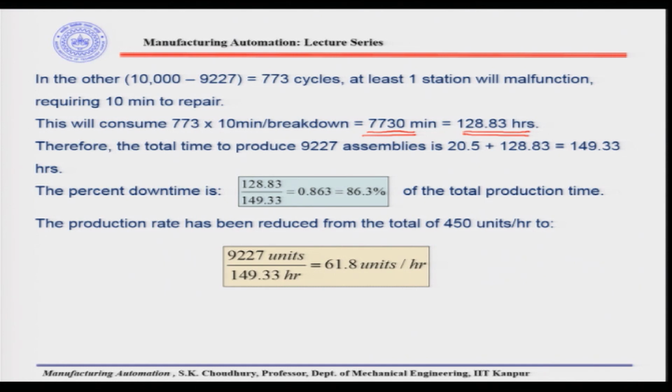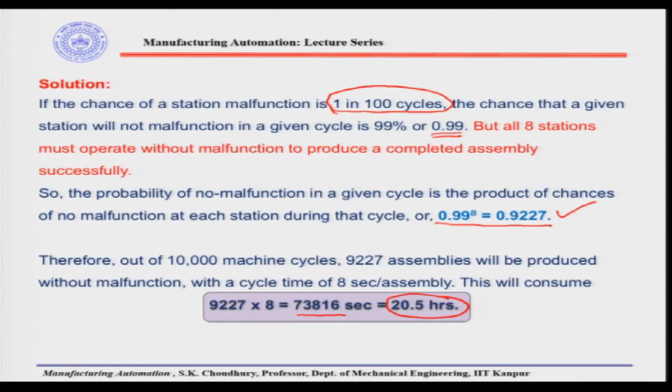I would like to once again point out that it takes 20.5 hours to process the parts, whereas if even one breakdown happens in 100 cycles, it takes 128.83 hours. This is the real practical example.